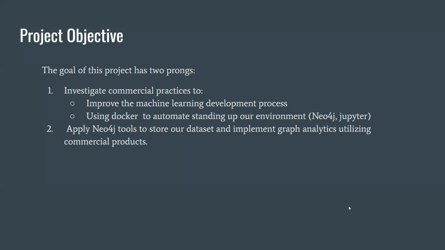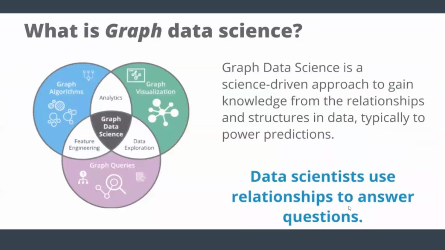So an important topic is, what is graph data science here? For those who don't know much about it, graph data science is a science-driven approach to gain knowledge from the relationships and structures in data, typically to power prediction.